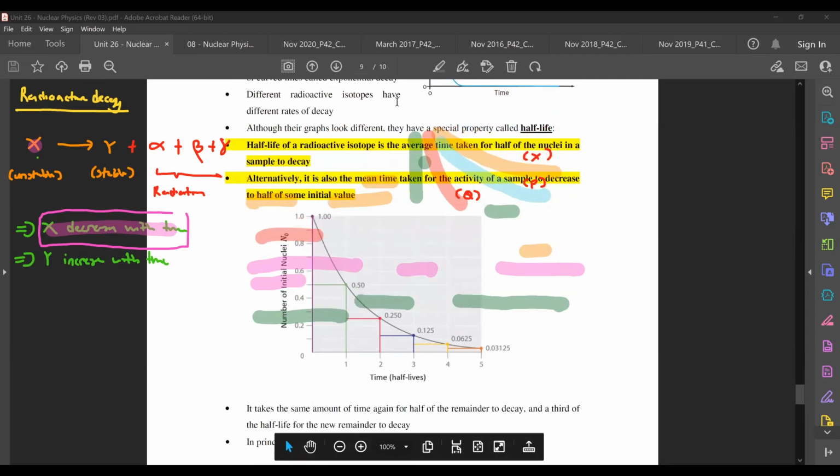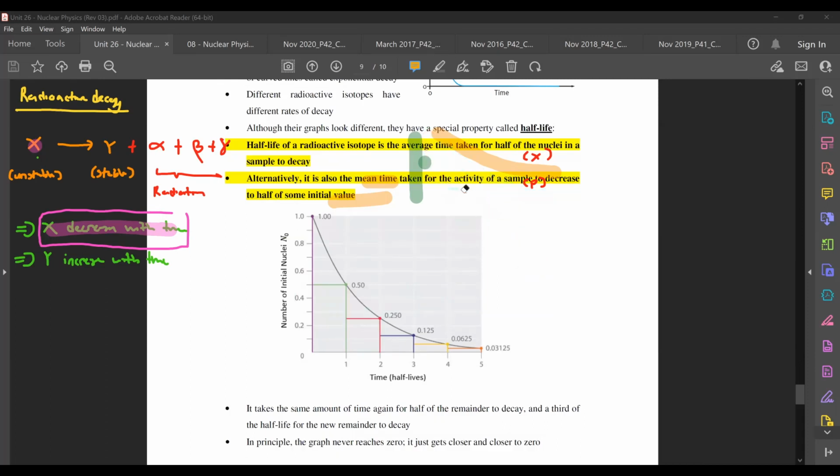So if you look at a particular graph that represents exponential decay here, the y-axis is the number of initial nuclei expressed in fraction form. This fraction is 1. It represents the original value, 100%. It will decay with time following an exponential decay curve like this.